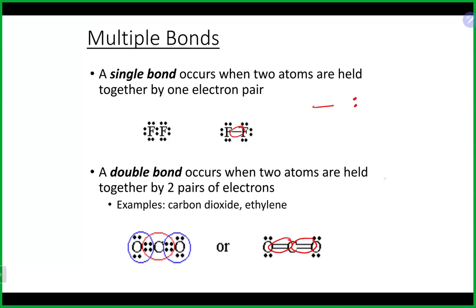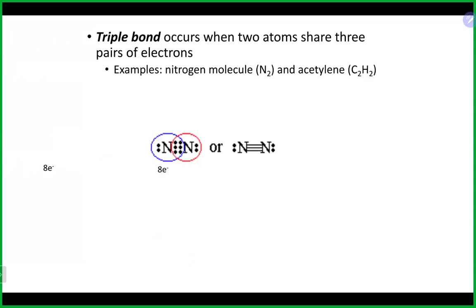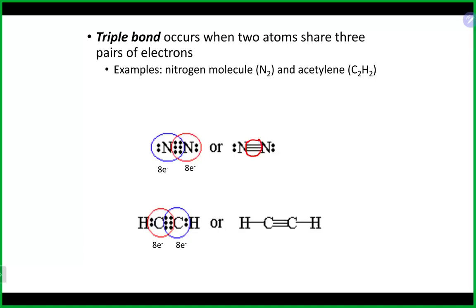A double bond is represented by 2 lines, or it is 2 pairs of electrons, or 4 total electrons in this case. And lastly here, sometimes it does require a triple bond to achieve that noble gas configuration. In the case of nitrogen, N2, it actually needs 3 bonds to do so, by sharing those 6 electrons along with the 2 on the outside.